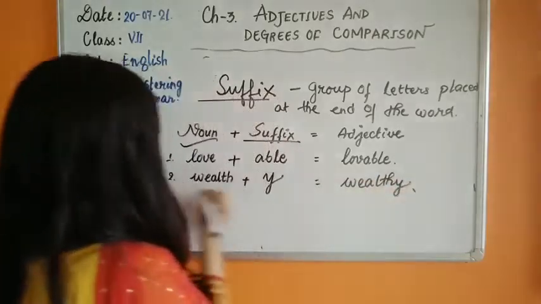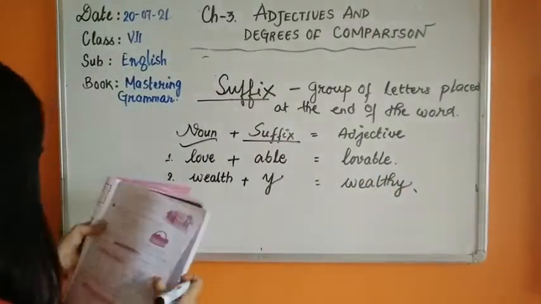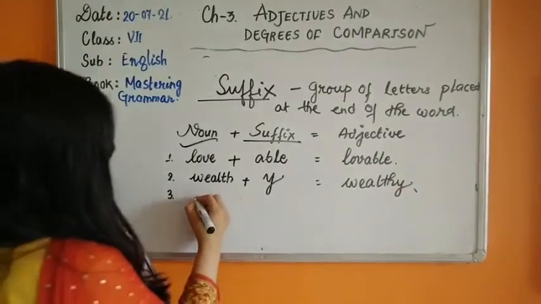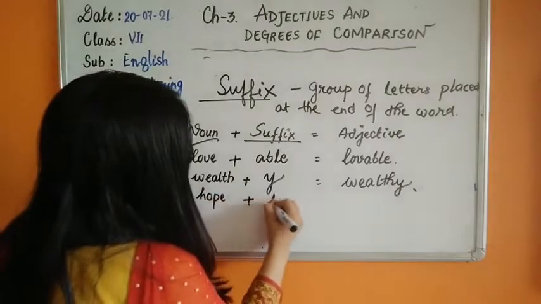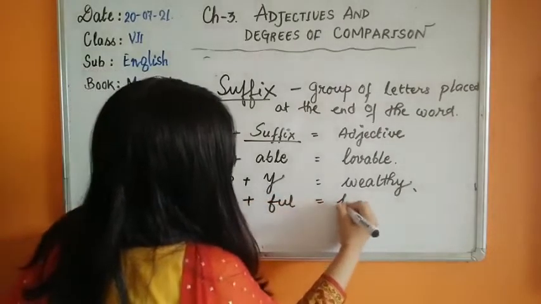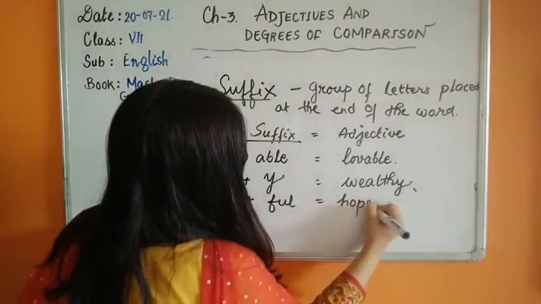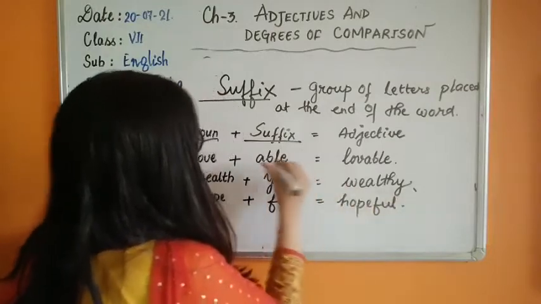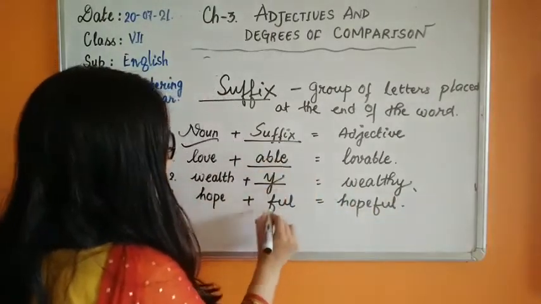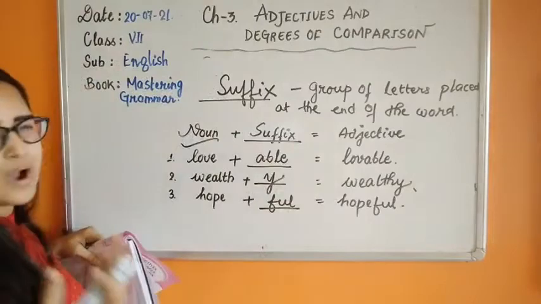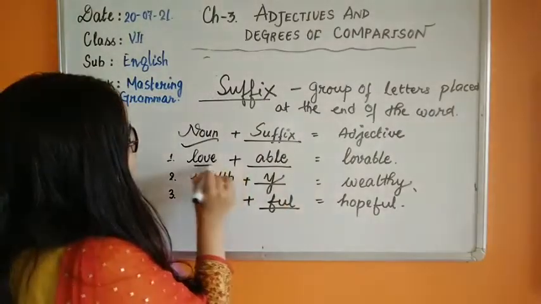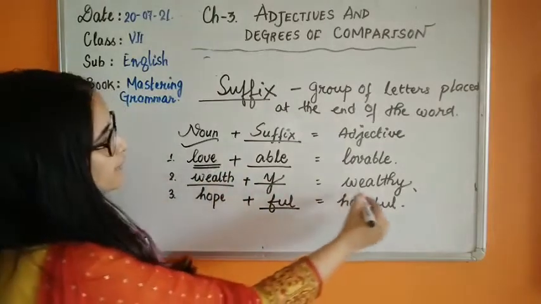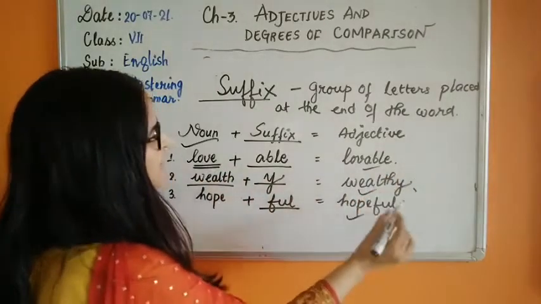Okay. Now number 3, let's see what's at number 3. Hope, H-O-P-E. We add ful with it and it becomes hopeful. So this is an adjective. So children, you see what I meant by suffix? Suffixes are letters, any number of letters, one, two, three, four, which are added at the end of the root word to make an adjective or anything.